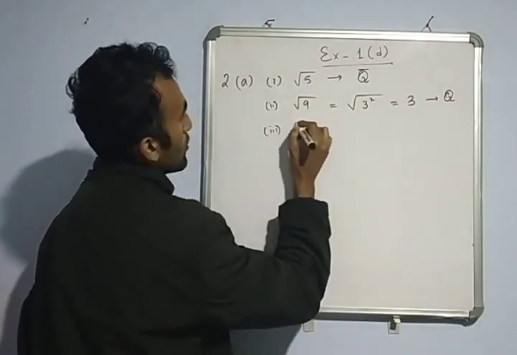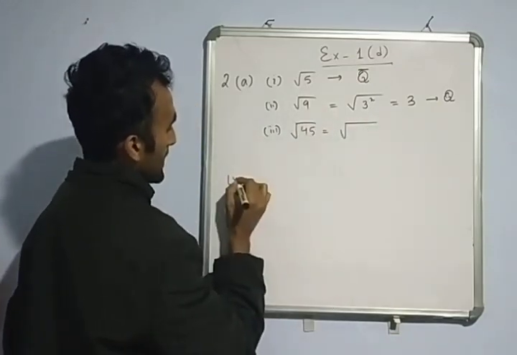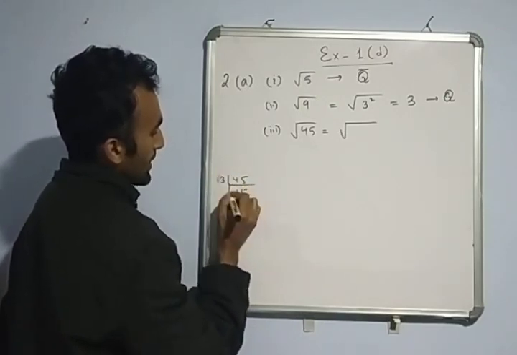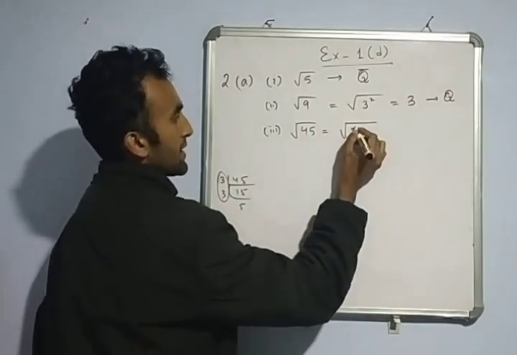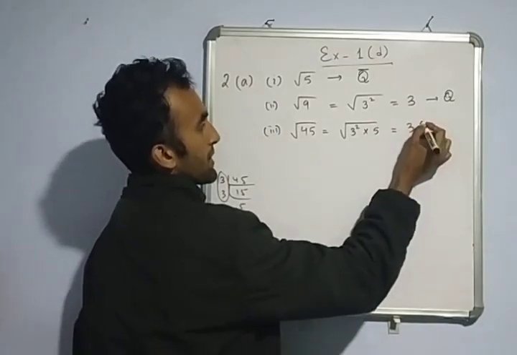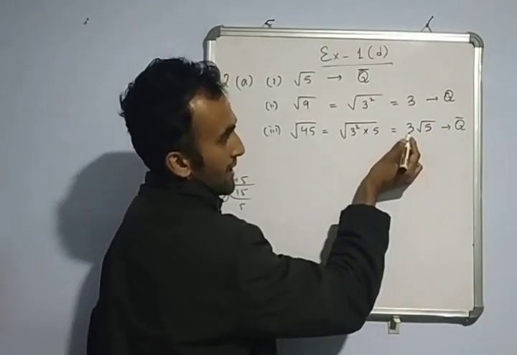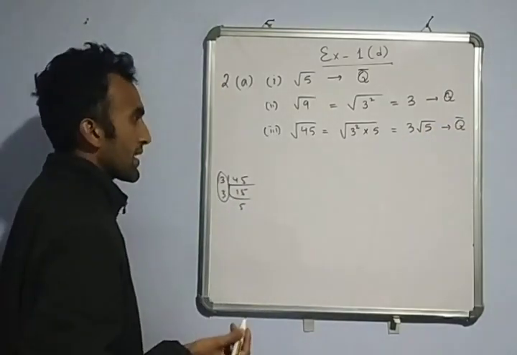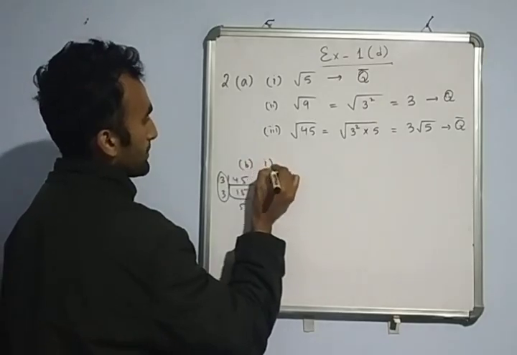It is root 45. 45 I can write as 3 times 15, and 15 is 3 times 5. So 3 square into 5. 3 can come out of the root, but root 5 remains as it is. So that is irrational. I told you, rational multiplied with irrational, the total is irrational only. Multiplication, addition, same cases.